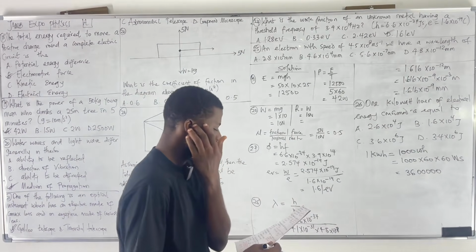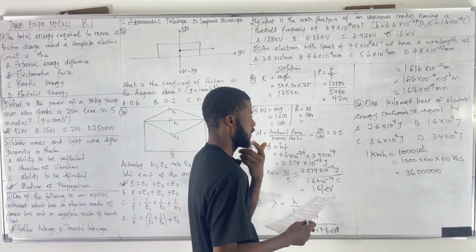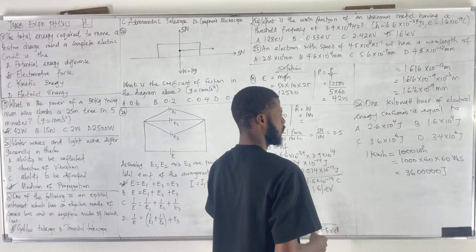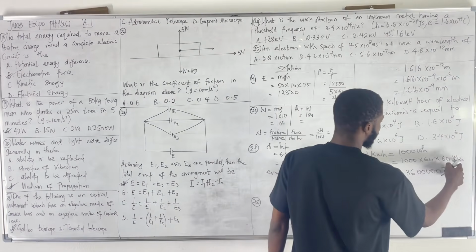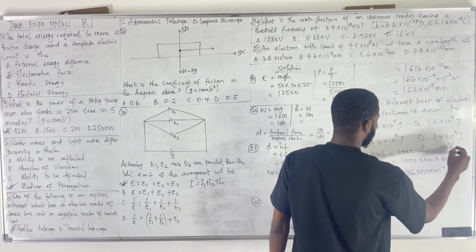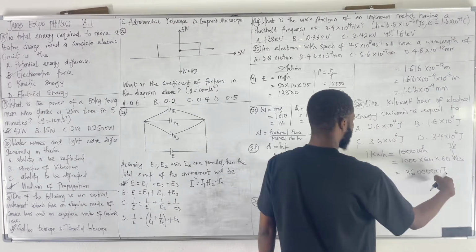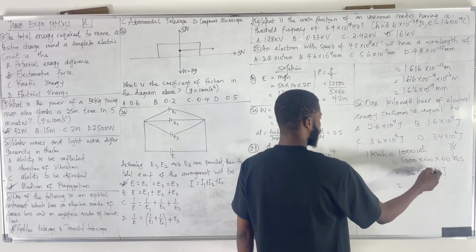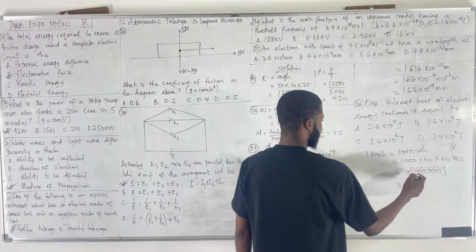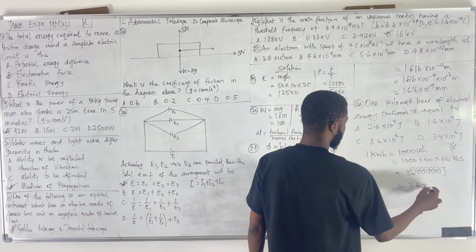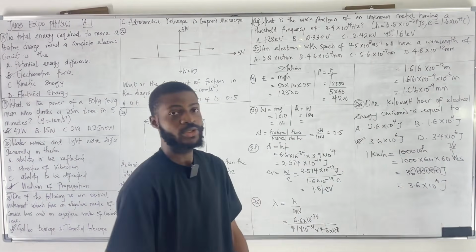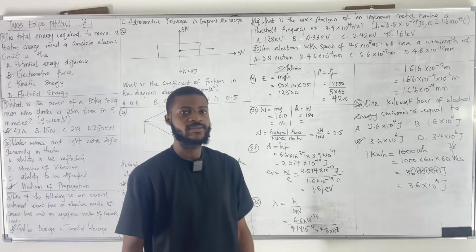And take note that this will then be in joule, because watt in itself is joule per second. So seconds cancel out, so that will be in joule. Now we could write this in standard form: 1, 2, 3, 4, 5, 6. So that's 3.6 times 10 to the power of 6 joule. So the answer for that will become C. Now let's move on to the next one.